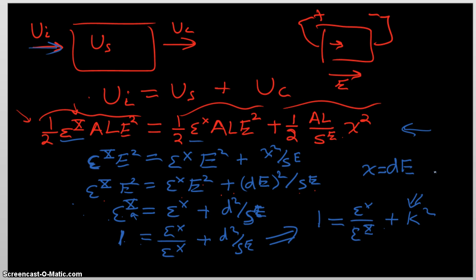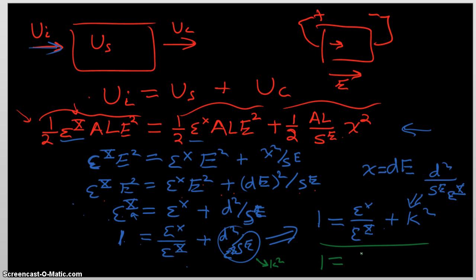Because remember, this was d squared over s^E epsilon^X. When we divided through by this number, we divided through by this epsilon^X here. I didn't write that, sorry. We also put an epsilon^X there, and then this number is none other than k squared. So by doing this, we have the following relationship, which is also equal to a simpler, more common definition.